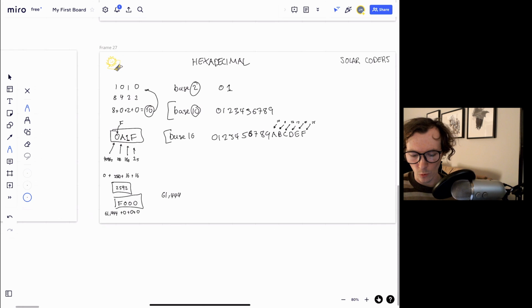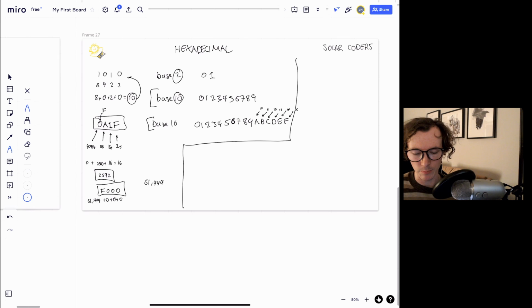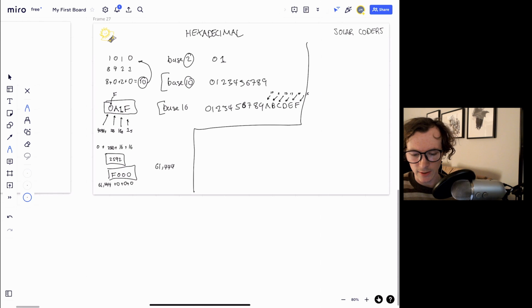And one of the main reasons I'm bringing it up at all is because you're gonna see stuff like this sometimes. 0x and then F1A01A25, something like this, right? This is a hexadecimal number. This is a convention in programming that means that everything that follows is hex.